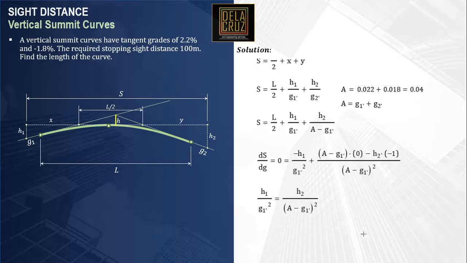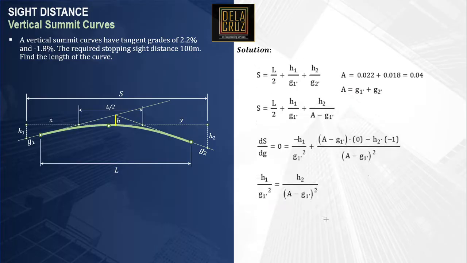Now, as you can see, simplifying this one, we can have G1 is equal to the square root, or we can have A minus G1 prime times the square root of H1 over H2.